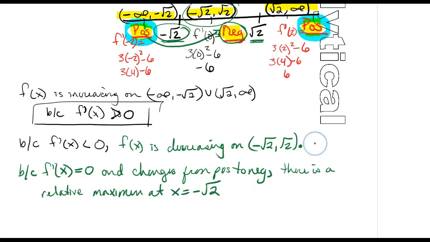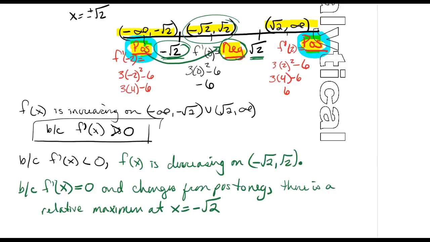And then my relative minimum. How do I justify a relative minimum? A relative minimum is where my derivative equals 0 and changes from negative to positive. A minimum looks like this and goes from going down, negative slope, to going up, positive slope or derivative. And my derivative changes from negative to positive across positive radical 2.